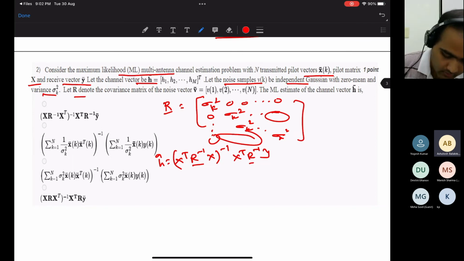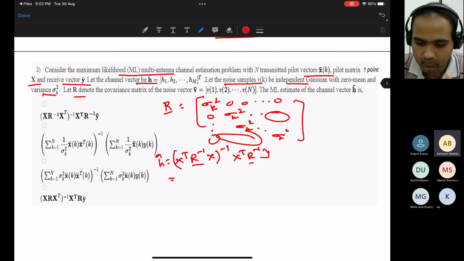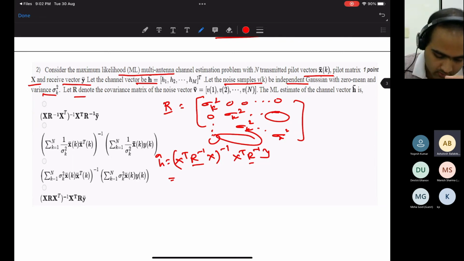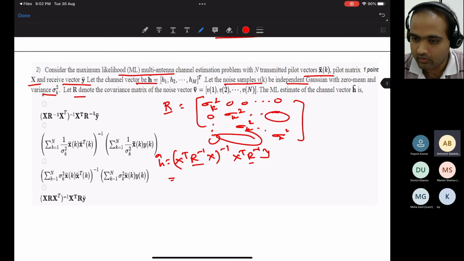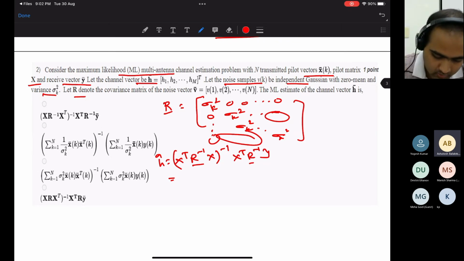Check the derivation of the Cramer bound or the class when the pseudo inverse was derived. Here we are not taking sigma square out as a scalar.